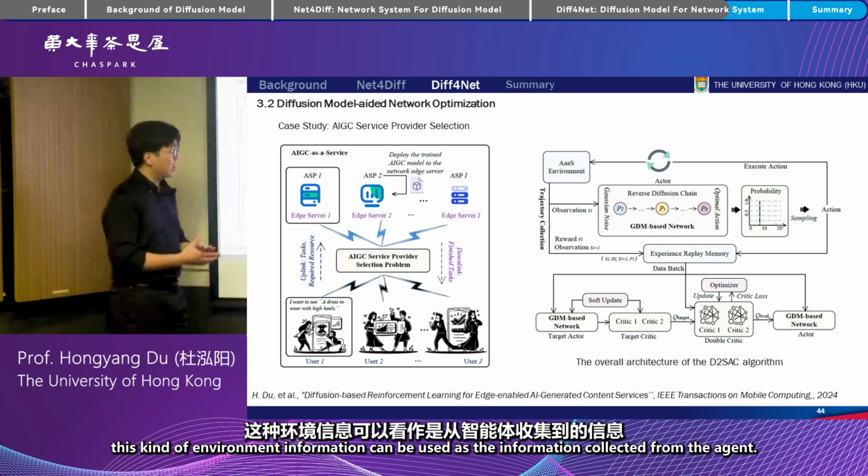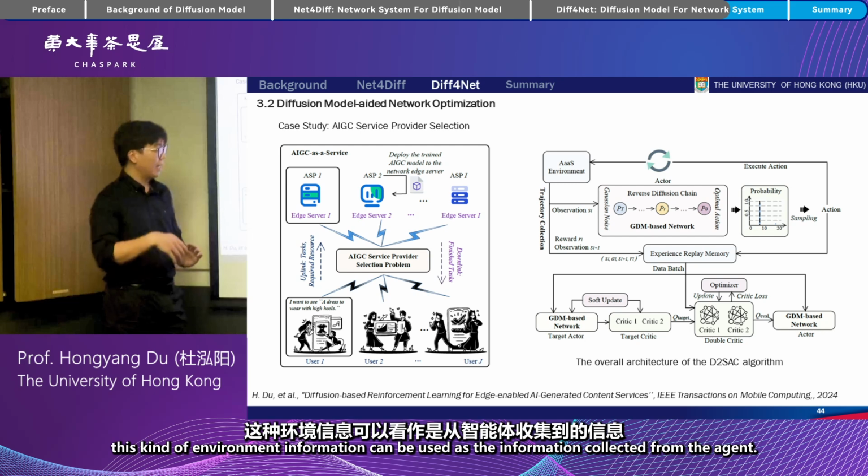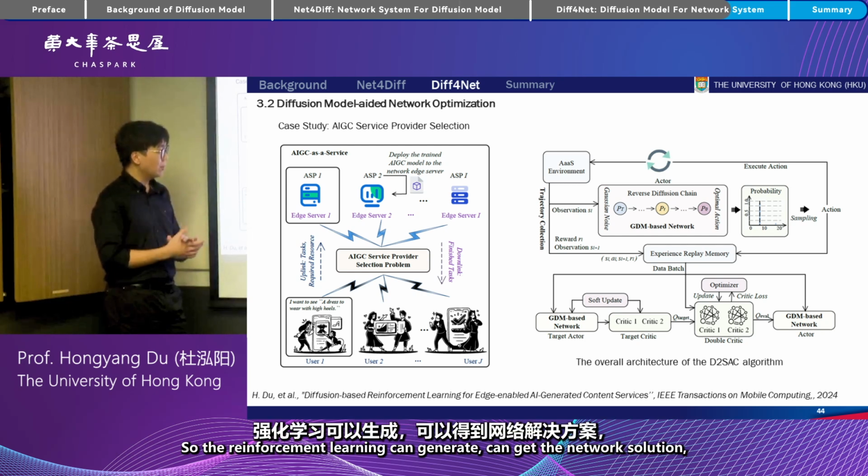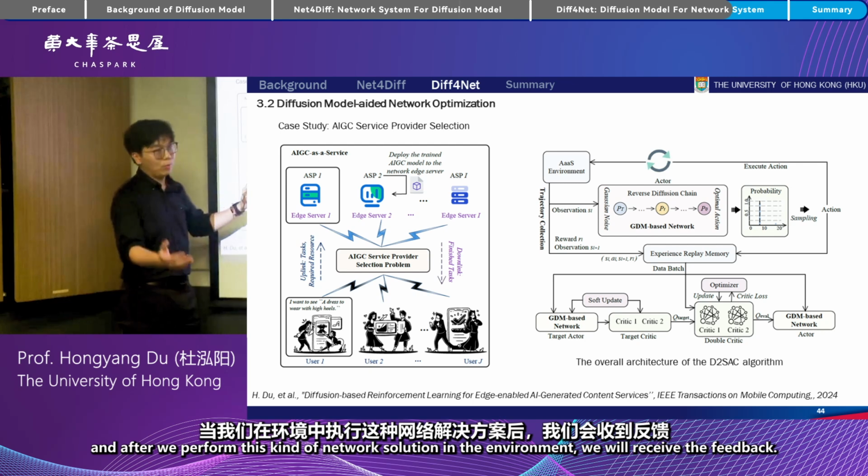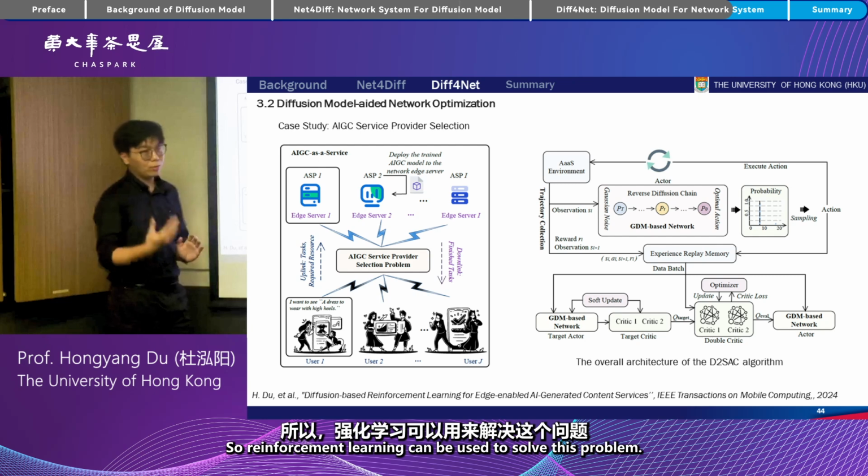This kind of environment information can be used as the information collected by the agent. So the reinforcement learning can get the network solution, and after we perform this network solution in the environment, we will receive the feedback.